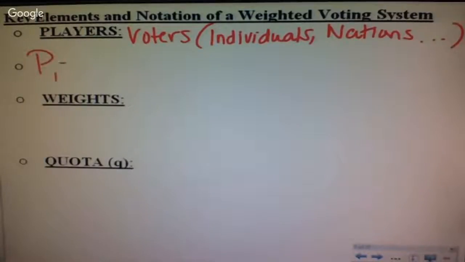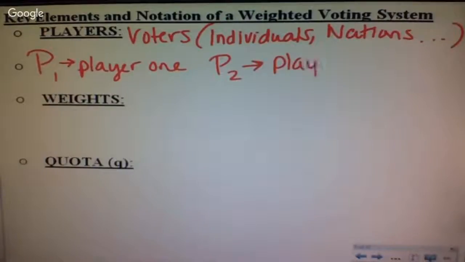If you see P sub 1, that means we're looking at player 1. If you see P sub 2, we're looking at player 2. The subs represent which player they are.